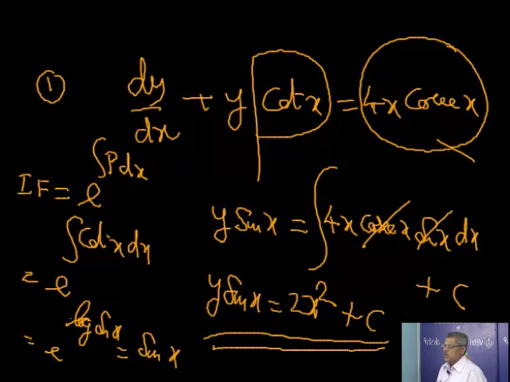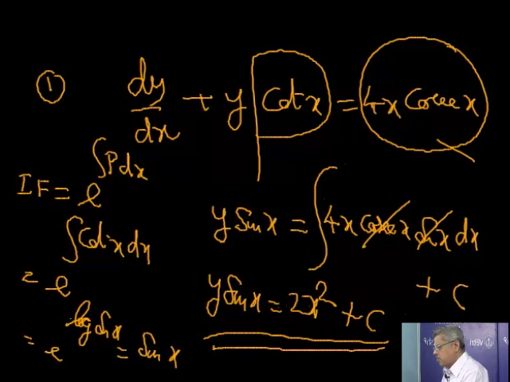Now, you can easily verify whether your solution is right or wrong. You differentiate: y into cos x plus sin x into dy by dx is equal to 4x plus 0.